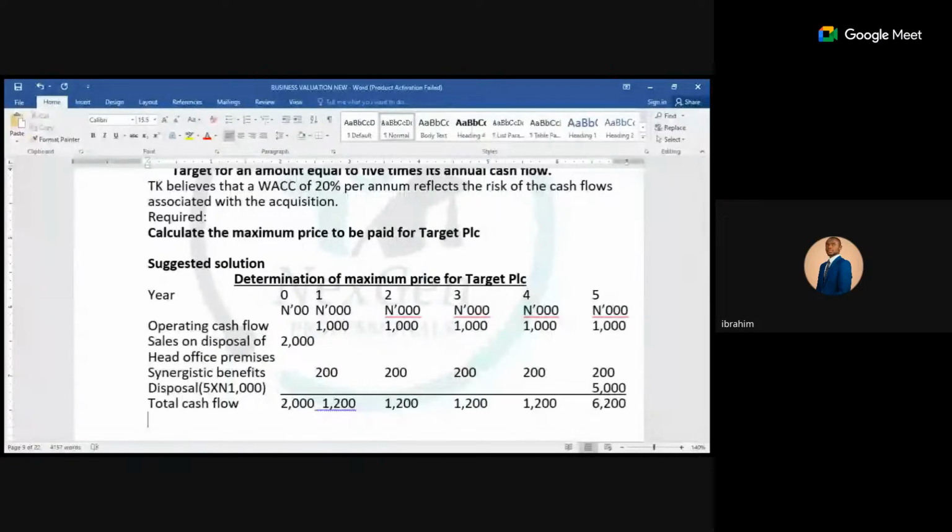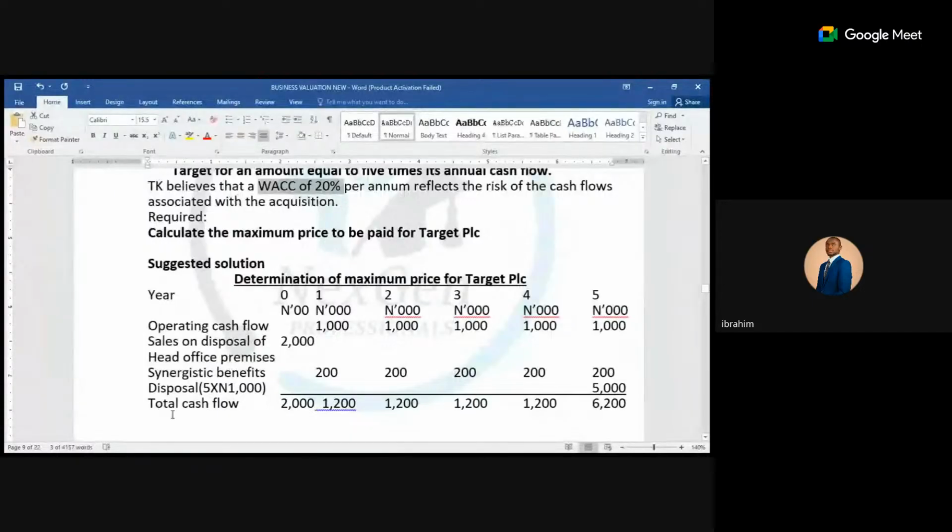We're given the weighted average, class, and this weighted average includes both debt and equity. Is that not so, class? Yes, sir. Both debt and equity.